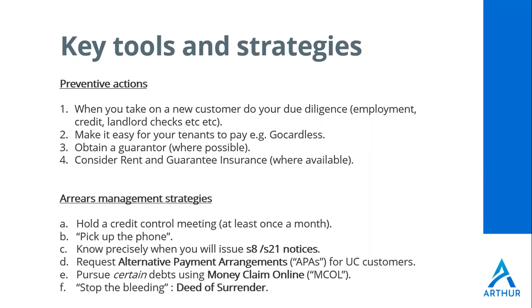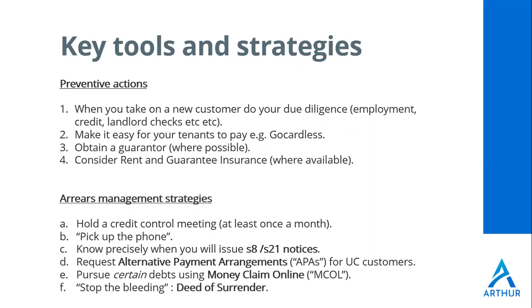And then finally, in terms of preventative actions, one option available, particularly in the market of employed tenants, is rent and guarantee insurance, which, as you'll be aware, for a small premium will pay out in the event that the tenant doesn't pay.